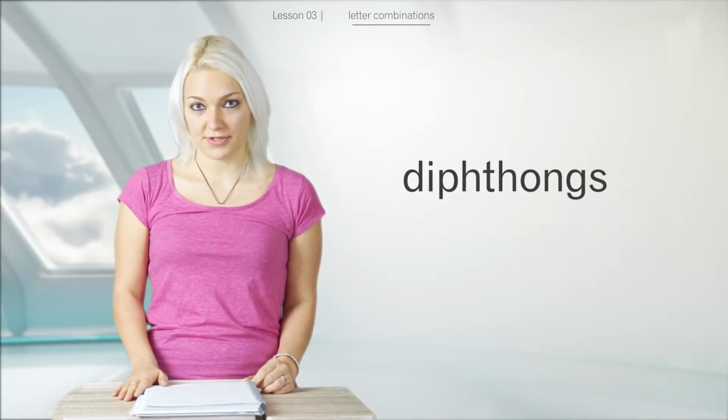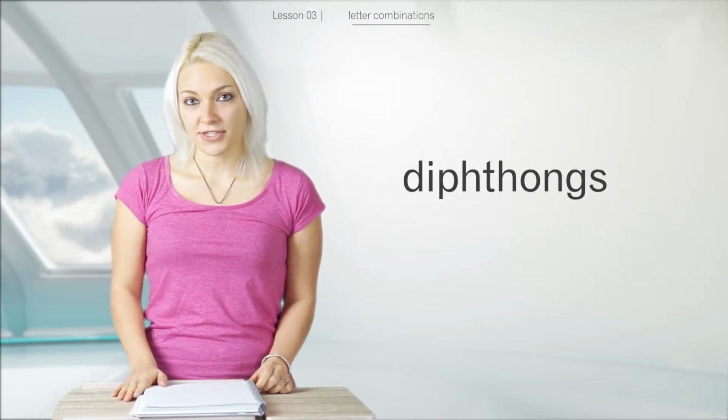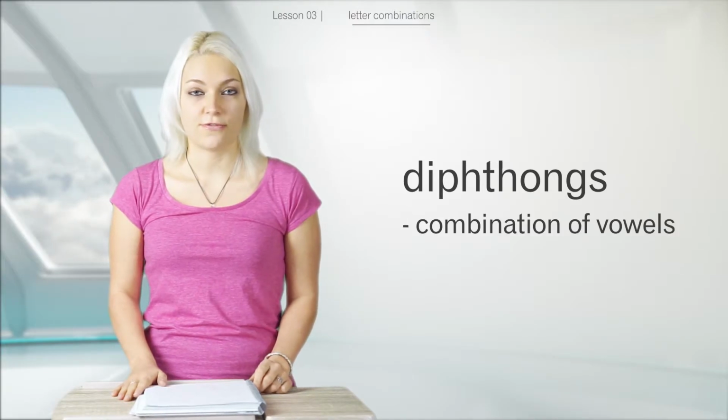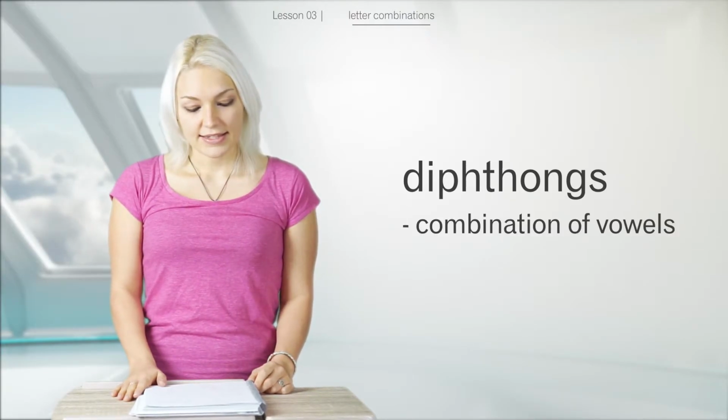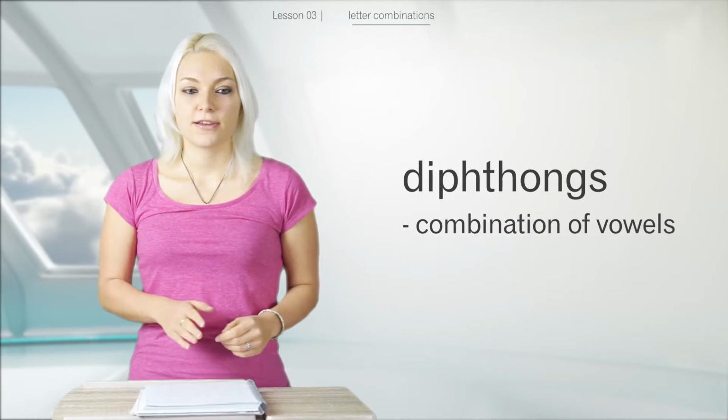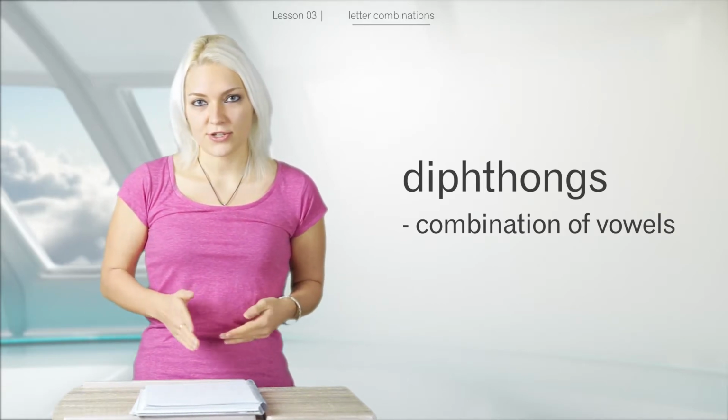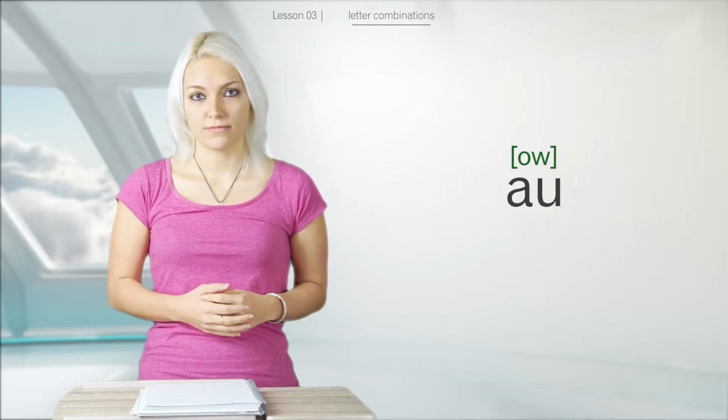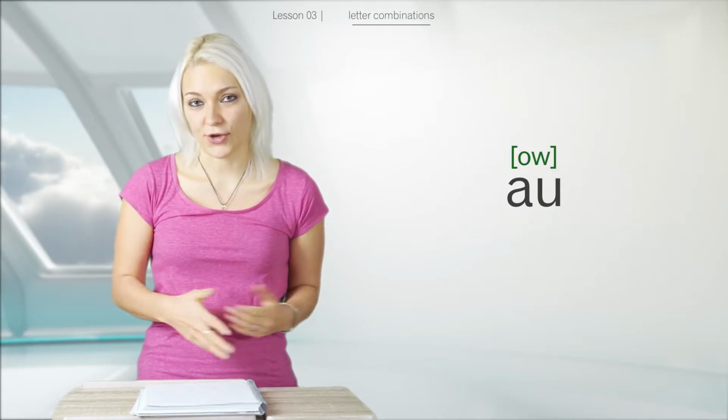Then we have diphthongs. A diphthong is also a combination of vowels. In German we have 5 vowel combinations I need to mention here. Let's start with AU. AU is simply pronounced Au, like when you're hurting yourself.